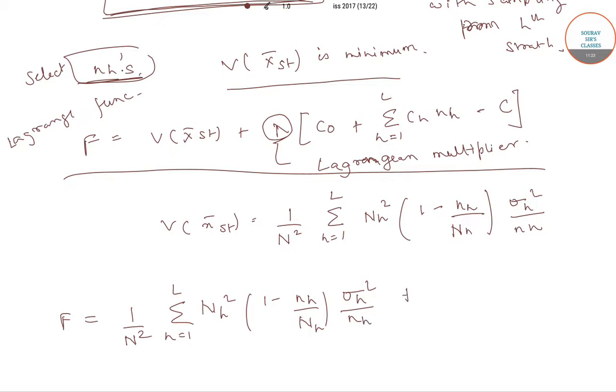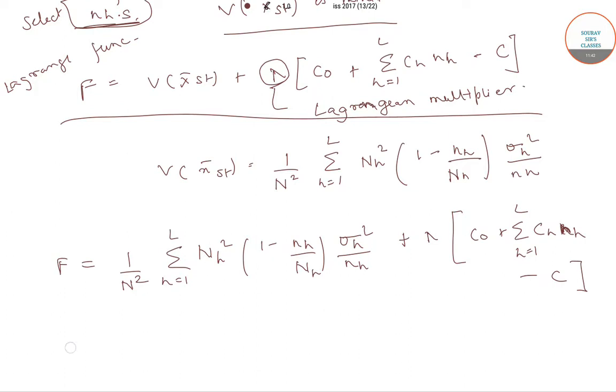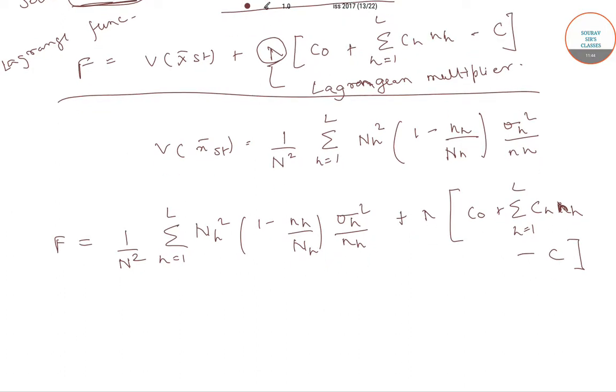Now plus this part, which is lambda into (c naught plus summation h goes from 1 to capital L of ch into small nh minus c). So we get this. Now we will differentiate it with respect to nh.